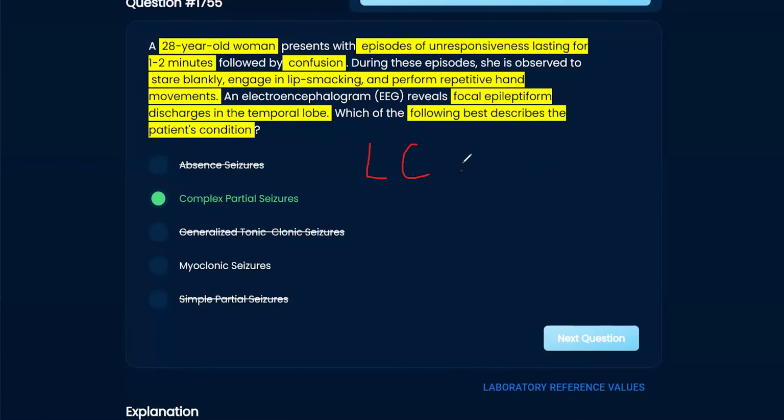Loss of consciousness, you already said, makes that complex. Consciousness, or didn't lose consciousness, that's simple.